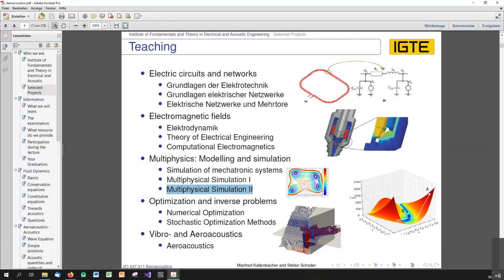It's purely simulation. We will not discuss the models there, and we also don't discuss the physics. Yesterday there was the first lecture, but if you would like to also go into this course, I can help.